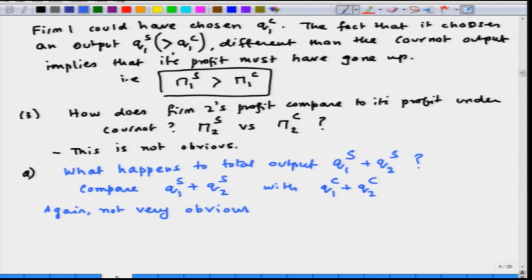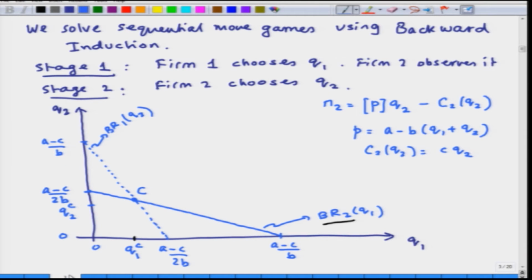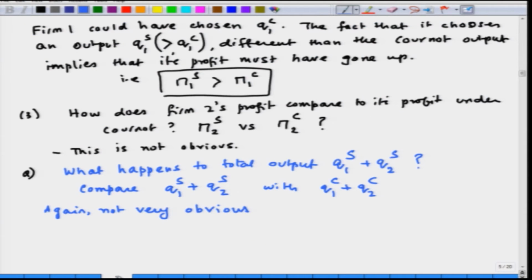So, that follows from the fact that since Q1S is greater than Q1C, it must mean that firm 2's choice of output in the Stackelberg model is lower than that under the Cournot model. So, let us first make a note of that.